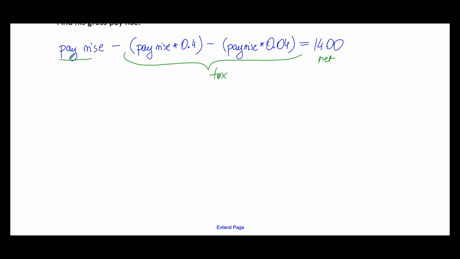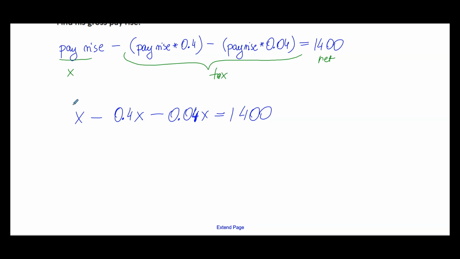Let's say that the pay rise, we're going to represent pay rise as an x value. So that means we will have x minus x multiplied by 0.4, so that's just 0.4x, and then minus again x multiplied by 0.04, which is 0.04x, and that equals 1,400.